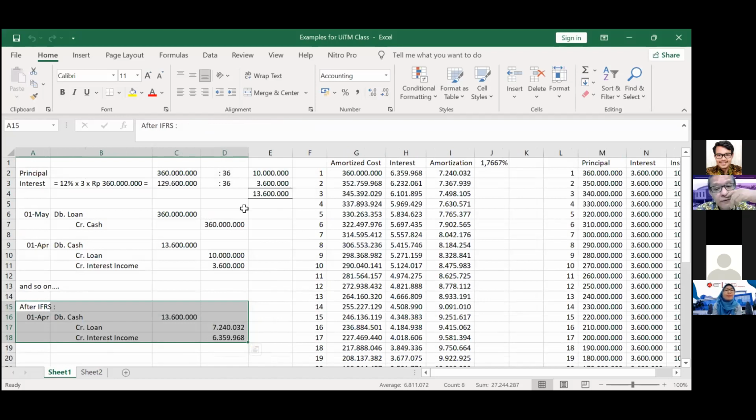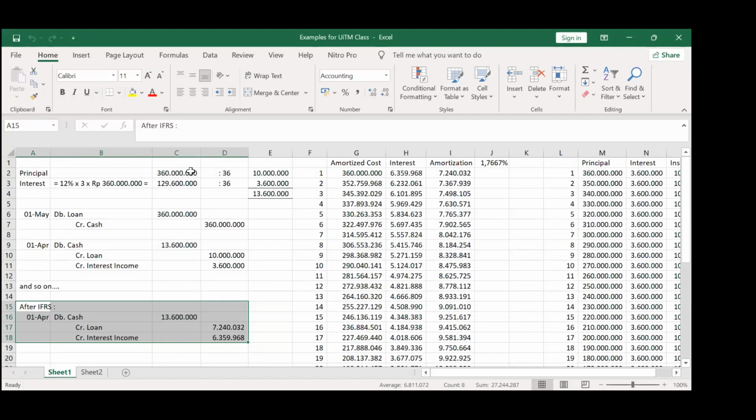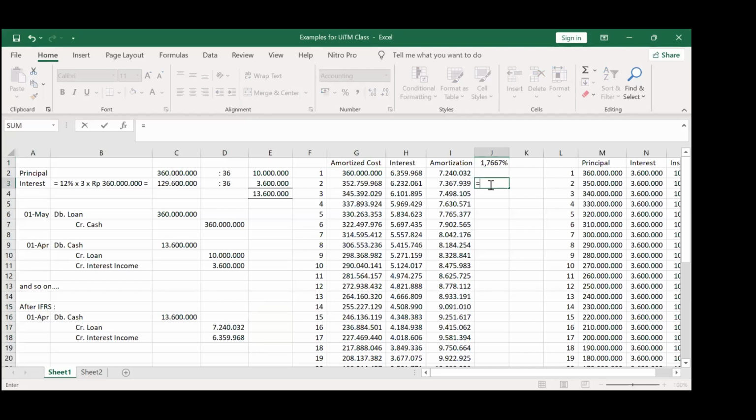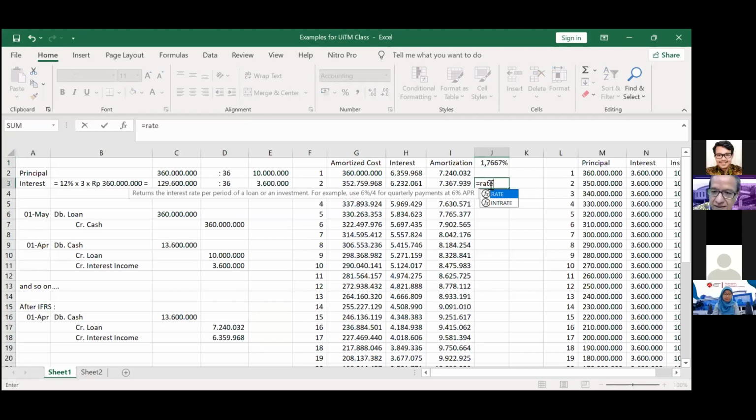So after IFRS, we have to make the cash flow first. The principal is 360 million. Then we have to calculate the effective interest rate. The formula is RATE, with number of periods 36, payment 13,600,000, and loan 360 million.